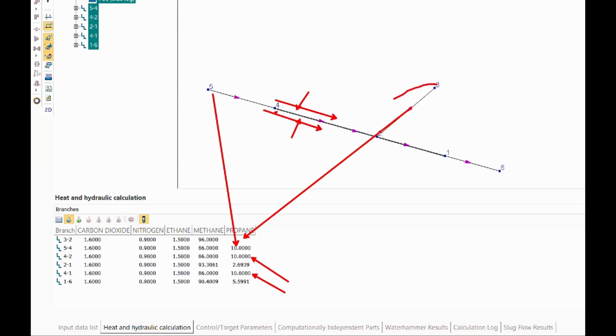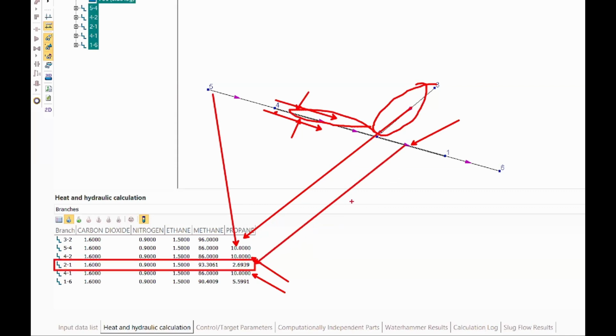And then after we mix these two fluids over here, in here we have a different fluid composition like this. So the small amount of propane will be over here. And finally, after this fluid is added to this one, here in this branch, we have the following fluid composition.